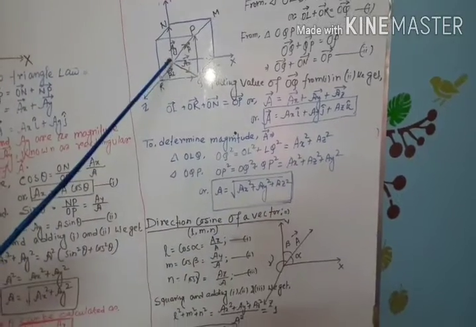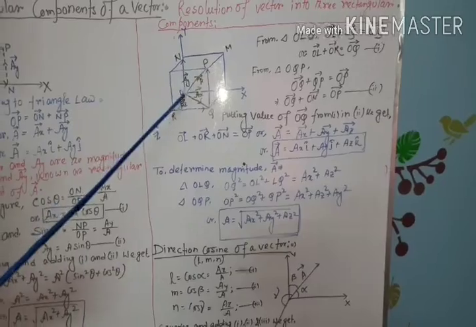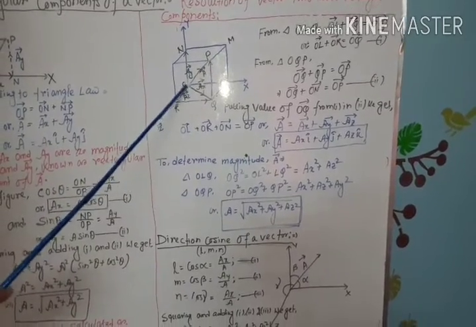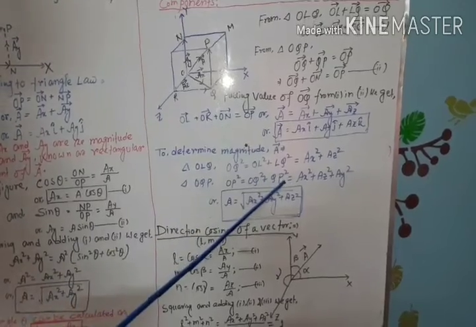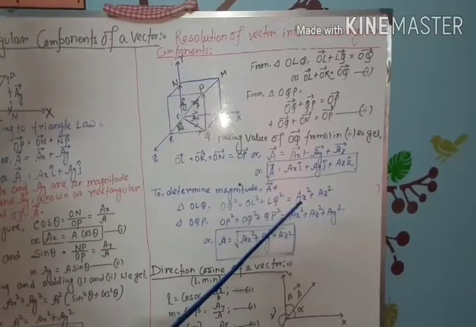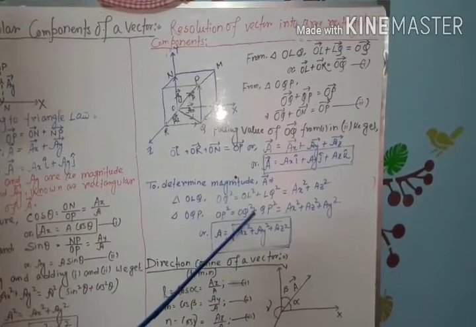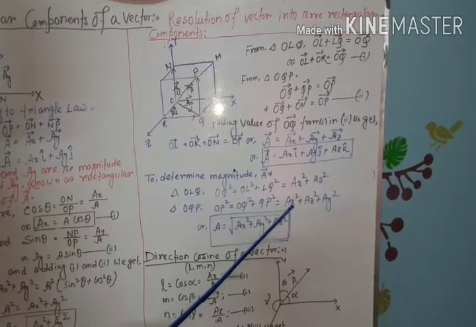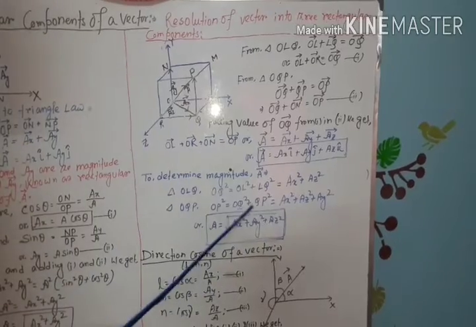Now again from the triangle OQP, clear. So now OP square equals OQ square plus QP square. And OQ square from the previous expression is AX square plus AZ square. In place of OQ square I put here AX square plus AZ square, plus QP.